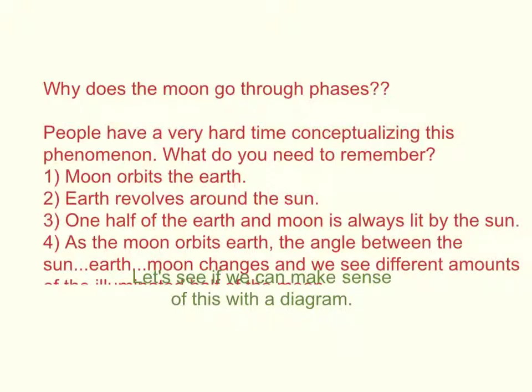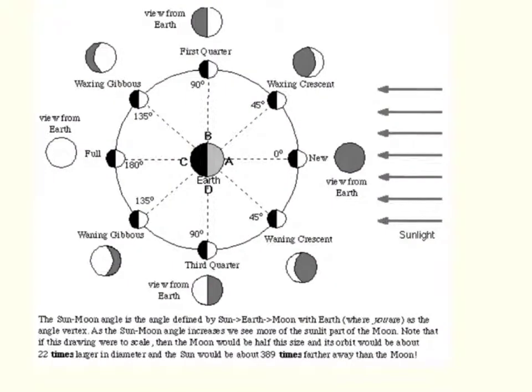Maybe that will explain. In this diagram, what you have over here is the sun. Okay, and the sun is a long ways away. We see the moon, and in this diagram, these are the 8 different phase positions of the moon. The moon is orbiting in that direction.